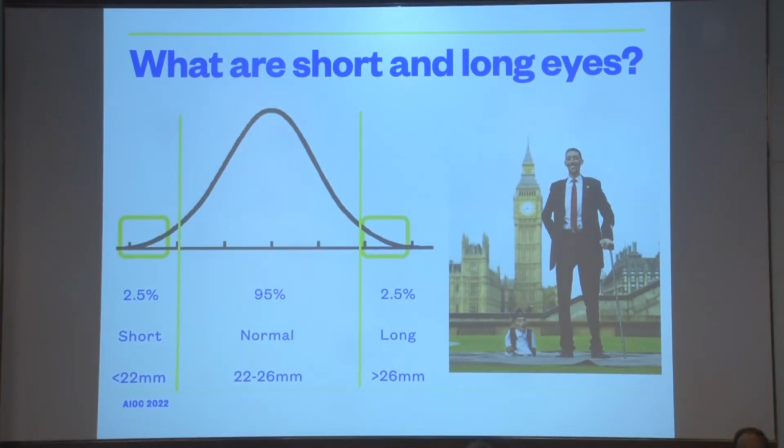So this is where the short and long eyes come into play. Normally we say that less than 22 millimeters of axial length is considered short, and various studies have said that you can consider more than 25, or 25.5, or 26 as long eyes.